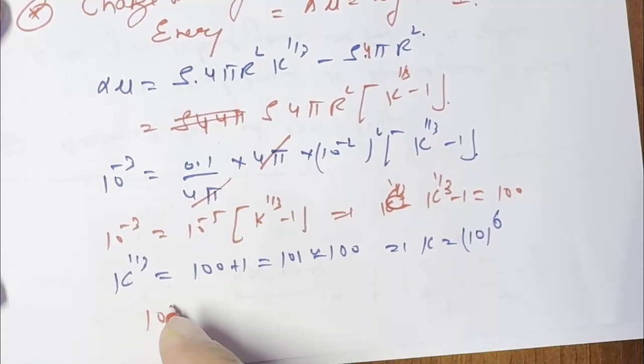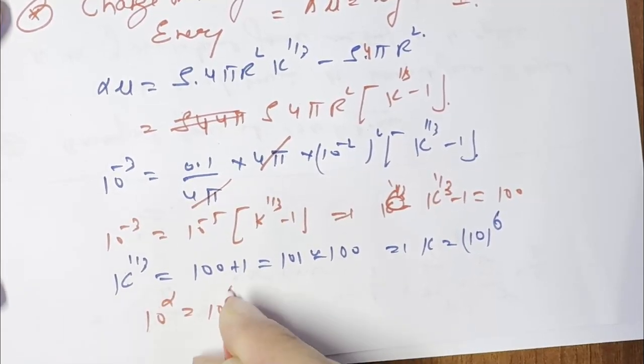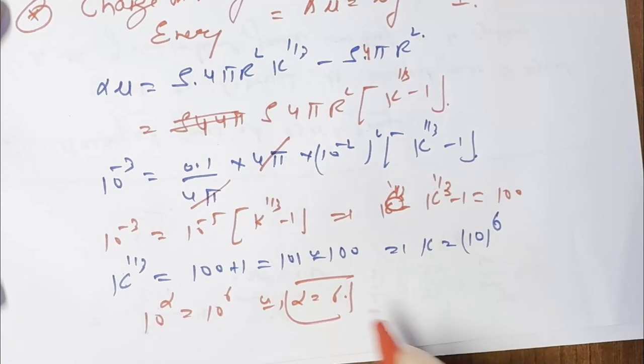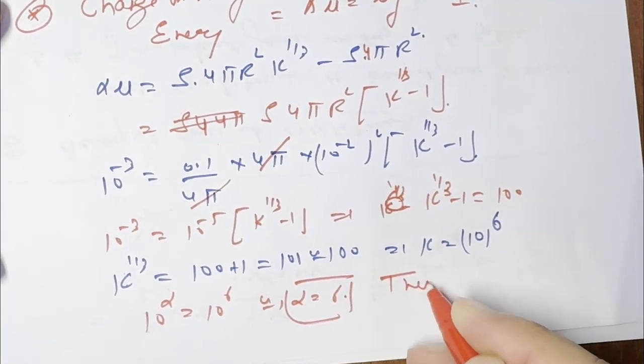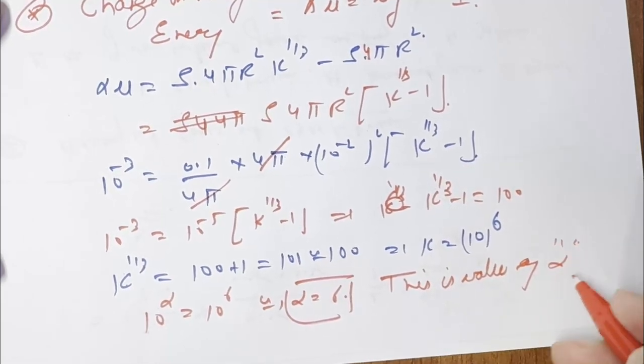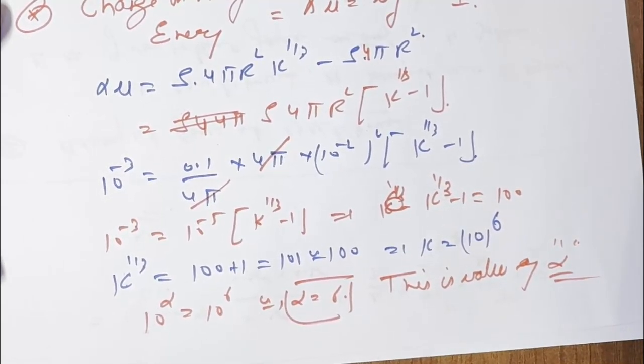So 10 to the power alpha is equal to 10 to the power 6, which means our alpha is equal to 6. So this is the value of alpha which is required. This completes the question. Thank you.